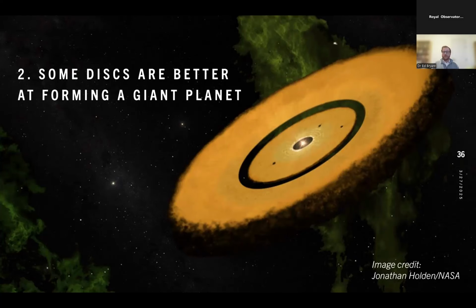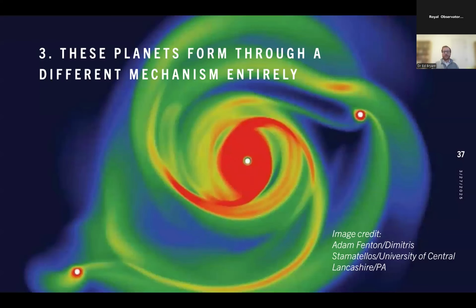But the last possibility is that maybe these planets just form through an entirely different mechanism altogether. As I said, the mechanism that's sort of underpinning the predictions for this is that these planets form from the bottom up, from this material colliding in the disk and forming the giant planet. However, potentially there's another mechanism that's been theorized as being possible, which is that these disks themselves are actually very unstable.